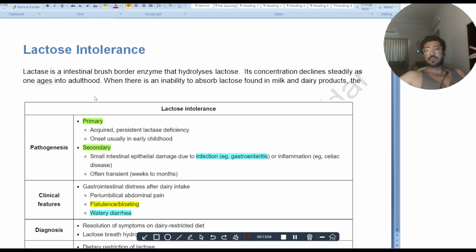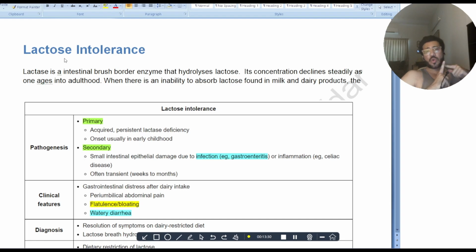So what are the symptoms? After dairy ingestion, lactose would not be broken down, so the bacteria would start digesting lactose in the GI tract, producing gas, and then you get flatulence, and the gas causes bloating. The gas causes pain because of bloating, and since the lactose exerts an osmotic effect, it sucks water into the GI tract and causes diarrhea as well.